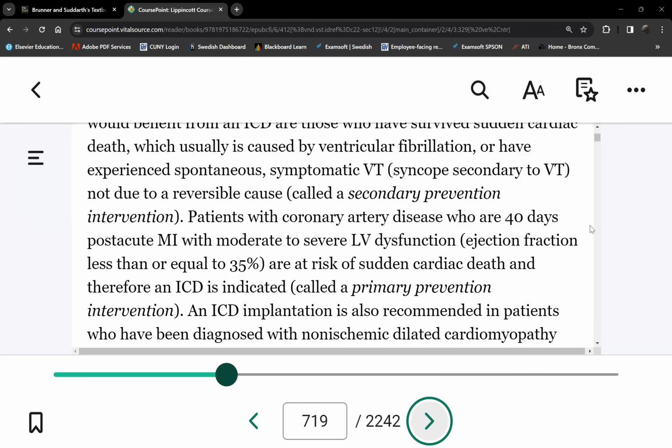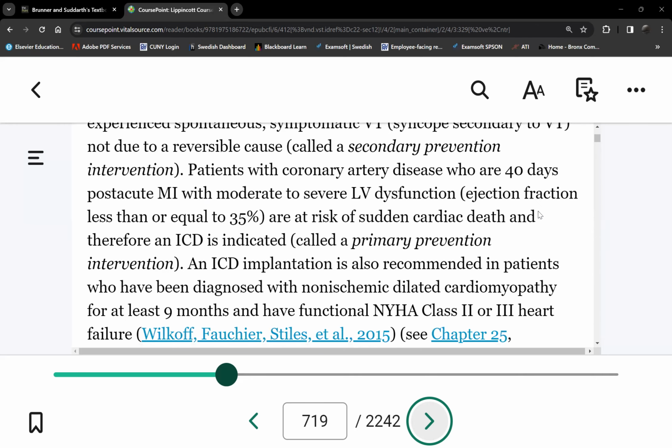Next, who else gets it? Patients with coronary artery disease who are 40 days post-acute MI with moderate to severe LV dysfunction. Ejection fraction is less than or equal to 35%, are at risk of sudden cardiac death, and therefore an ICD is indicated. Pause for a minute. These are patients who survived a massive heart attack.